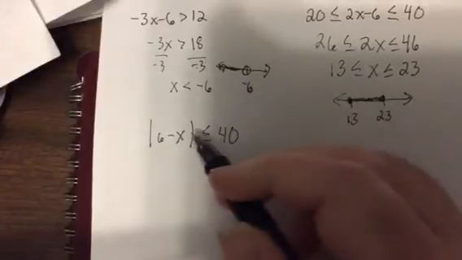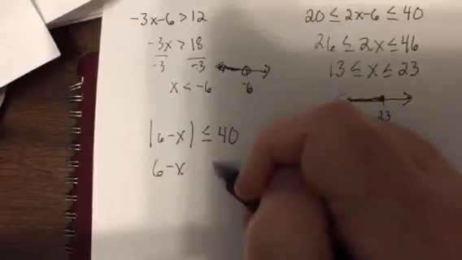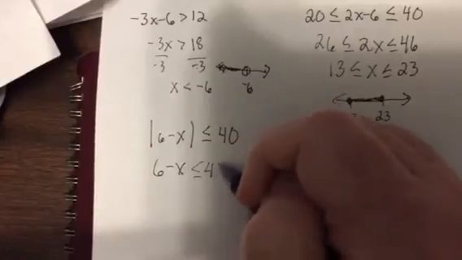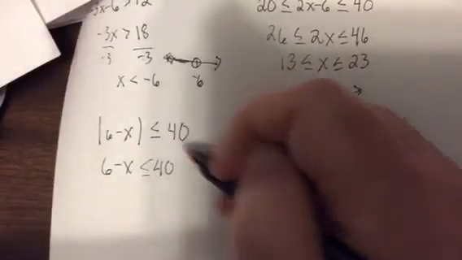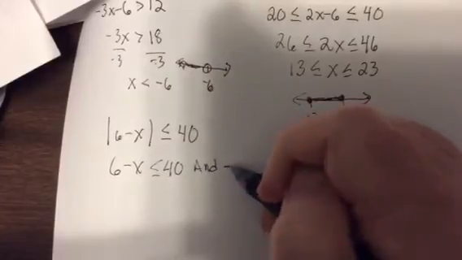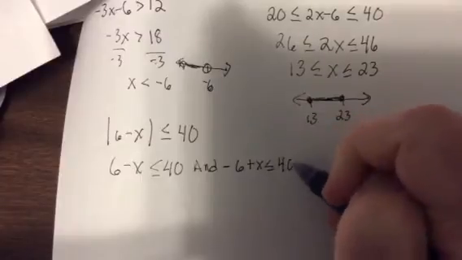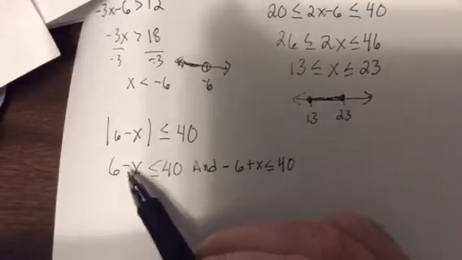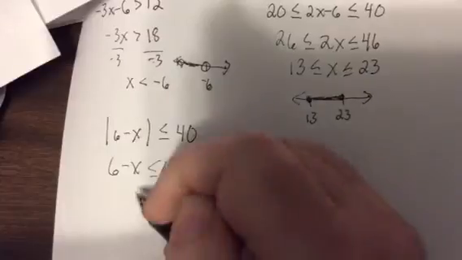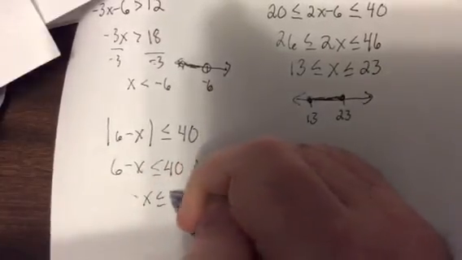Now, whenever you have an absolute value with the variable, you got to break it up into 2 parts. First, you just write it without the absolute value. And whenever it's less than, it's and. Then you take the opposite of the inside. So see, I'm just taking the opposite of the signs. Opposite of this, opposite of this. So here I subtract 6 to get the x by itself.